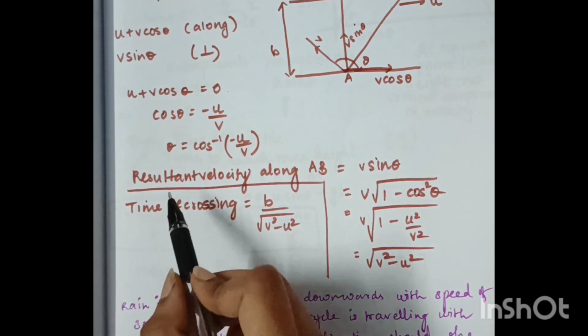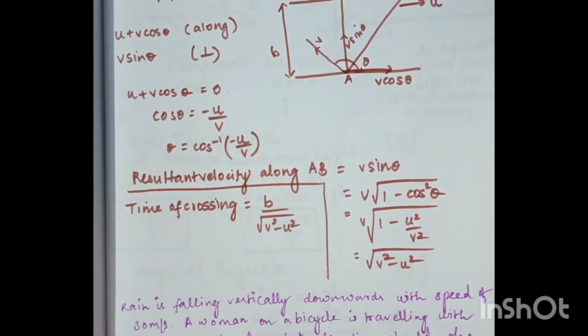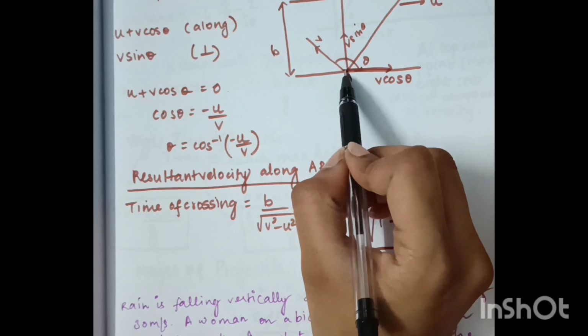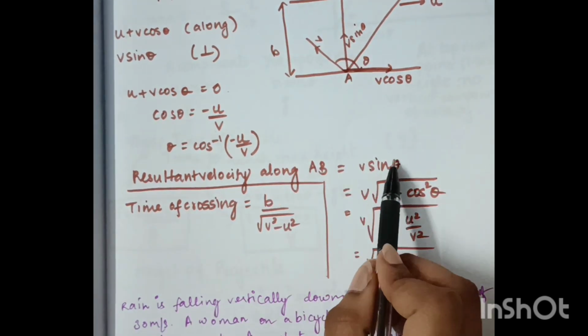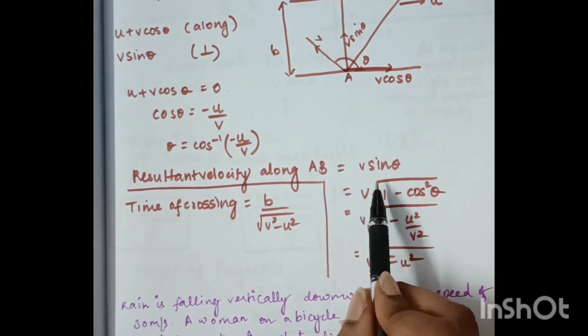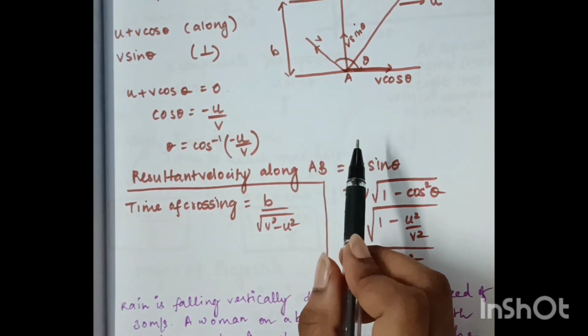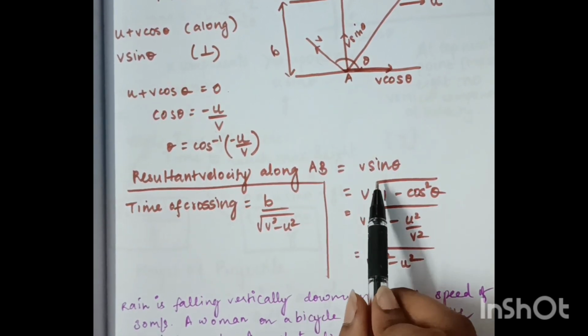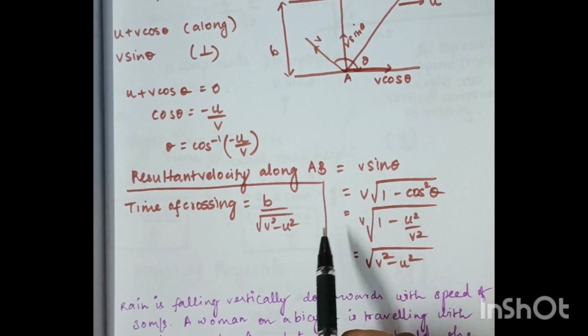Now let us see what is the resultant velocity along AB. So his resultant velocity finally was in only one direction, that is AB, which equals v sin theta. We know sin square theta plus cos square theta equals 1, so sin theta equals root over 1 minus cos square theta.